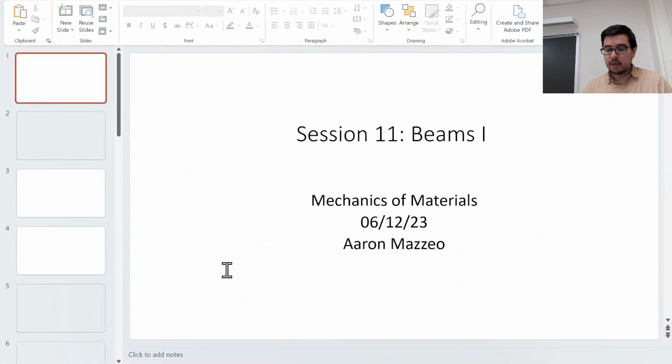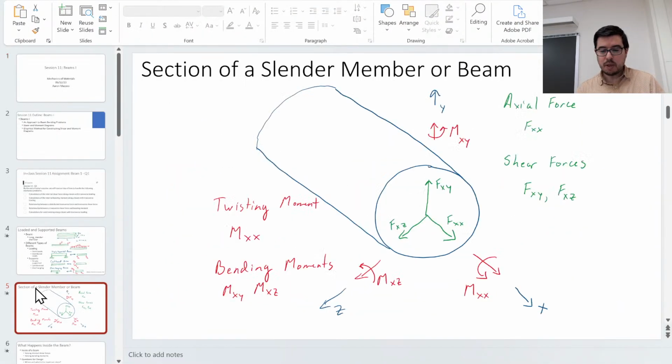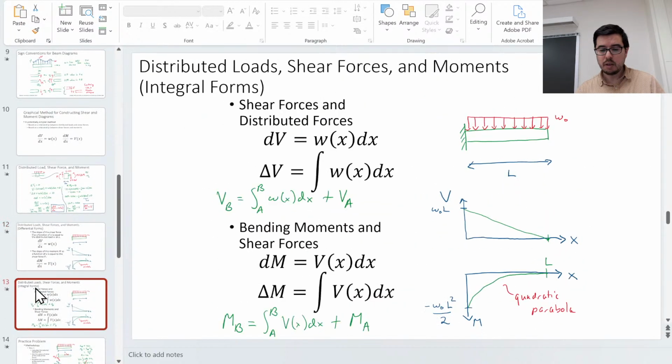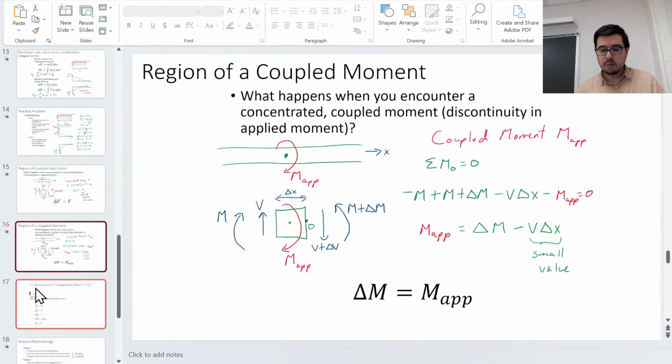Remember that as you're moving along the board, if you're going from the left to the right, look at this. The plus delta M, the internal moment that you have, is in the opposite direction.